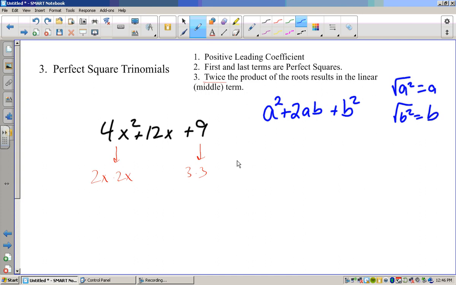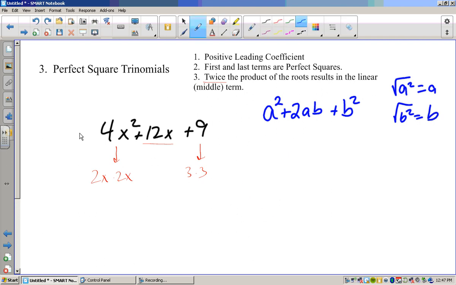Well, what they're saying is that when you factor this, or to tell it is a perfect square, if I do twice the product, so 2 times, the product would be 2x times 3. Those are my roots. Well, 2x times 3, that's 6x, and 2 times 6x is 12x. There's 12x right there. That's my middle term. So that shows me that I have a perfect square trinomial here.